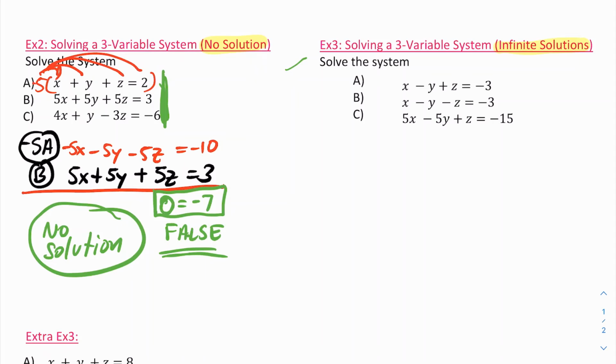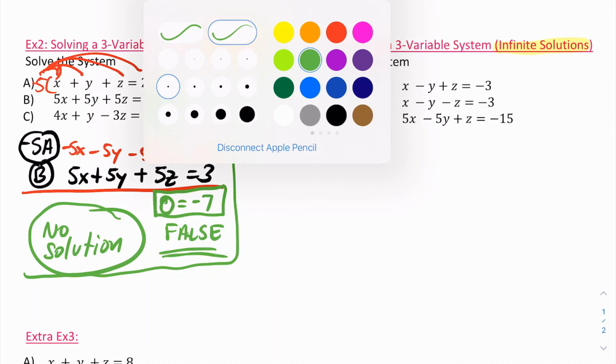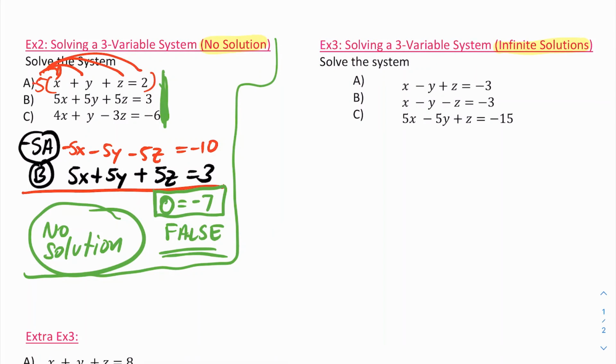Now, for the next one, it's slightly different. So you'll see what happens here. So again, I'm going to split this up into two because I know that I have to cancel the same variable twice. I'm going to cancel y in this case, or we can cancel x, whichever one you prefer. We can do either one. Okay?